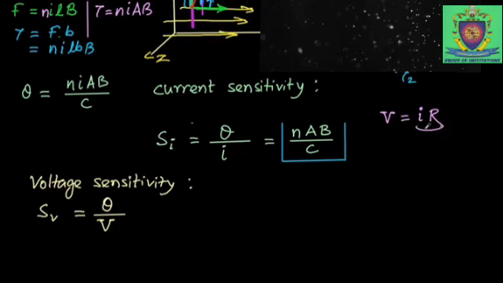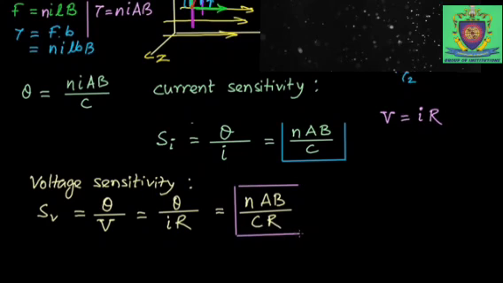Now I know what theta is. Before that, we know that V is equal to IR from Ohm's law, where R is the resistance of that coil. Now by using this relation, in the place of V I will substitute IR.